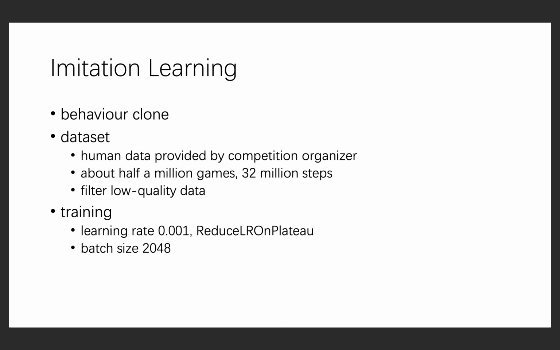About the imitation learning method, we used behavior cloning to imitate human policy with Mahjong data provided by the competition organizer. Behavior cloning is a method that constructs a data set and then supervised learning is used to train a model to minimize the cross entropy loss, and this will result in an average human policy.